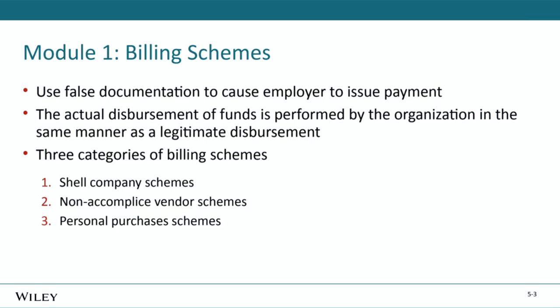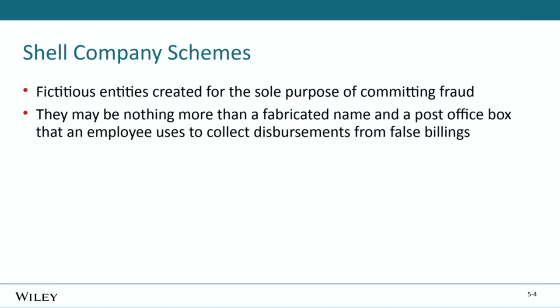Again, here is the flow chart. Whoops, not yet. Okay, the shell company scheme. Again, I'm going to fly through these because I talked about them last time. You create a fictitious entity for the sole purpose of committing fraud, okay? Now, related to that is you might already have a company, a little-known company.